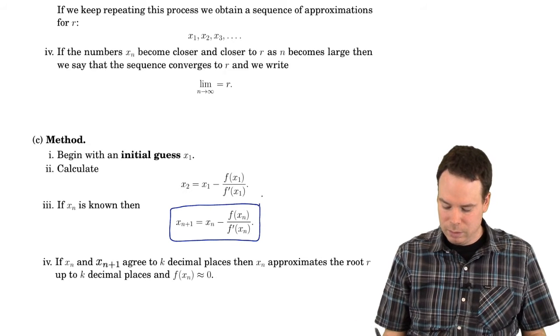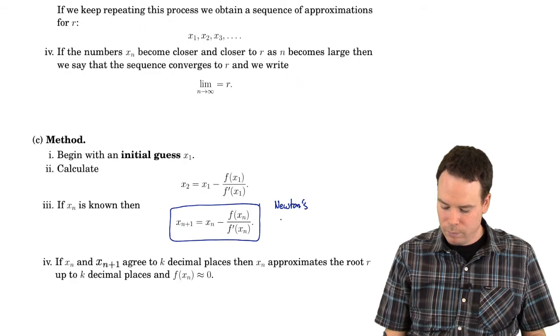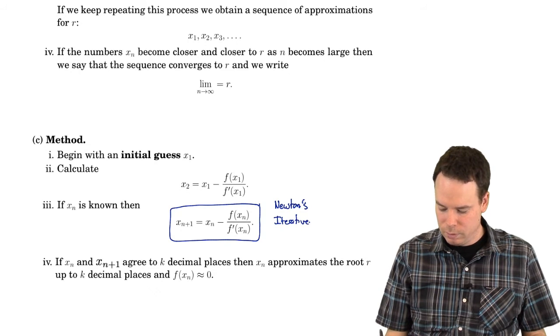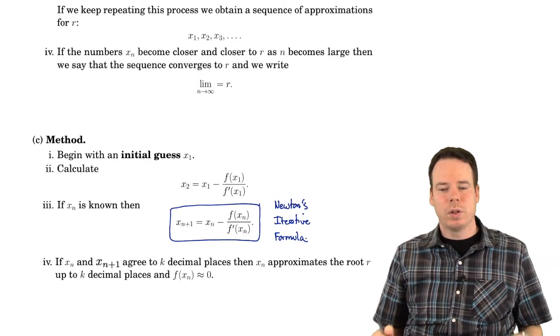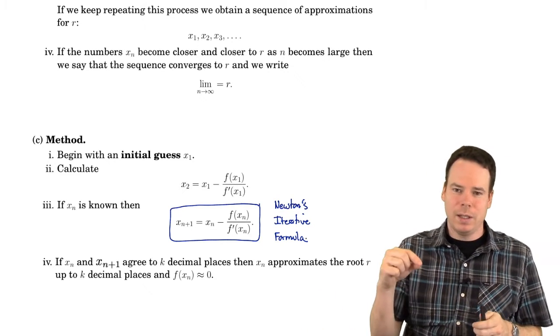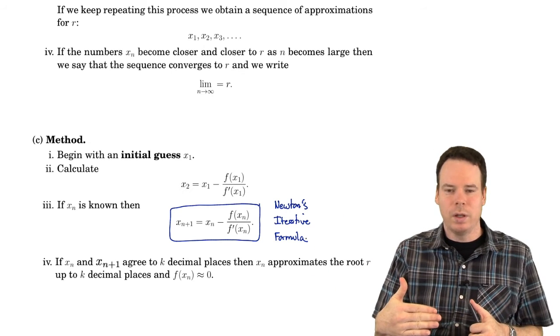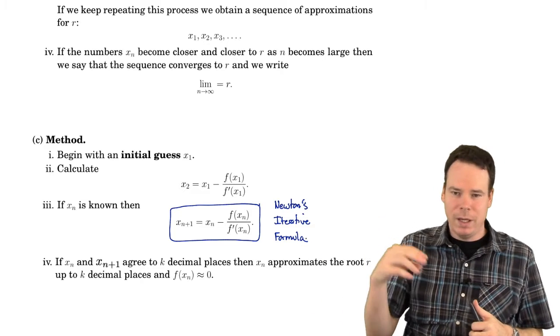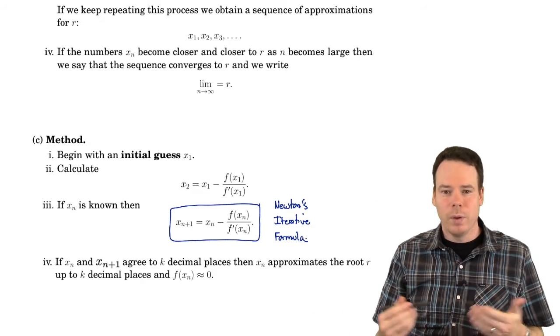So this is called Newton's iterative formula. Newton's iterative formula means we're going to take this formula and iterate it. We're going to take whatever comes out and feed it back into it. xn comes out, you feed it back in, you get xn plus 1. xn plus 1 comes out, you feed it back in, you get xn plus 2, and you keep going and going and going.